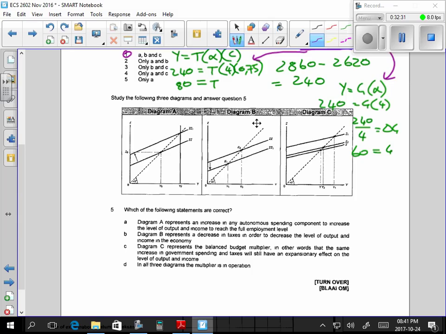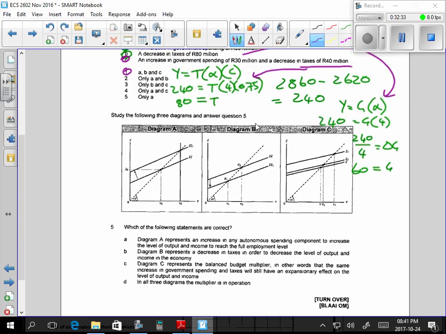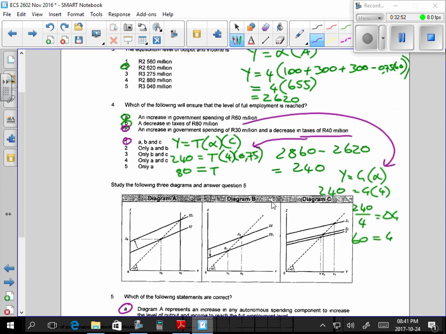Question 5. Which of the following statements is correct? Diagram A is a change in autonomous spending. We shifted the curve. Diagram C represents what we call a balanced budget multiplier. You just need to remember this diagram.